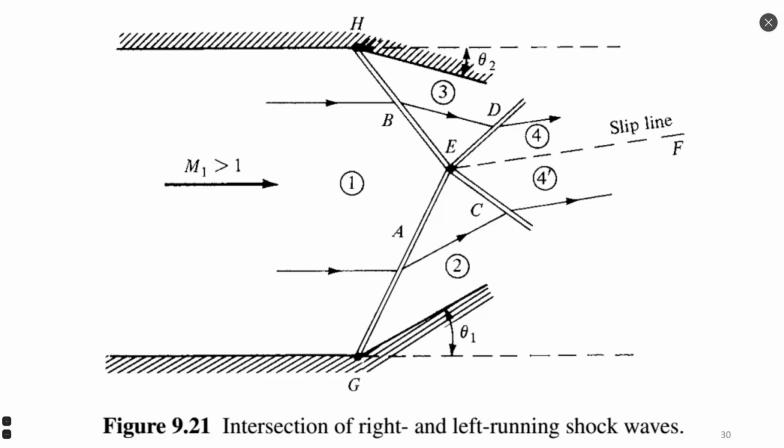This case shows us the intersection of two shock waves. One shock wave is generated by the upper side, by the upper body. It has some inclination angle θ2, which you can see in this picture. Since the body changes, this oblique shock wave B appears.